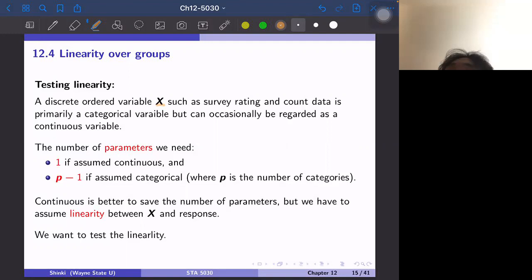Yeah, for a movie rating, a rating of 10 does not necessarily mean twice as big as 5, so it doesn't make much sense. But in some cases, such as count, for example the number of children, it makes sense to regard it as a continuous variable.